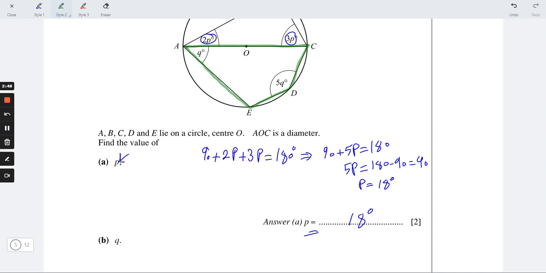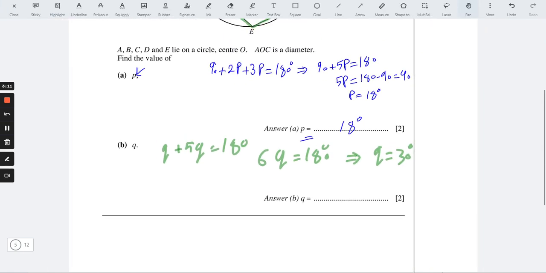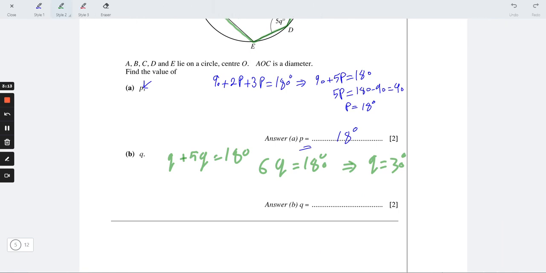So in this case we will write Q plus 5Q equal to 180. That means 6Q equals 180 degrees. Dividing both sides by 6 we get Q equal to 30 degrees. So the value of Q is 30 degrees.